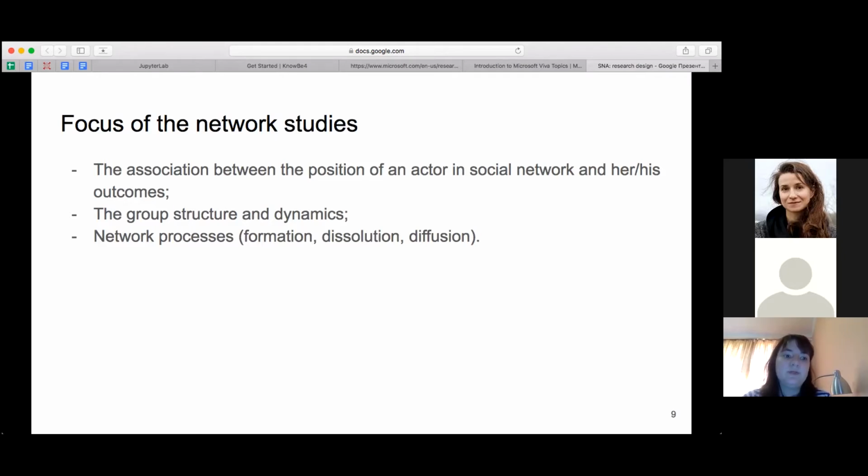The other 2 research questions are focused not on the impact of network position on the individual, but rather on the structure, evolution, and functioning of the network, which is also considered by researchers as a complex social system, which has some specific structural mechanisms and which is evolving over time following very different mechanisms.